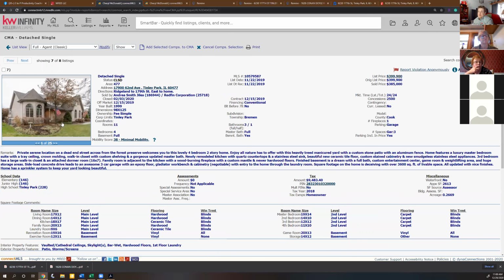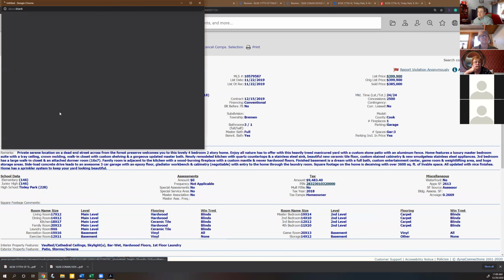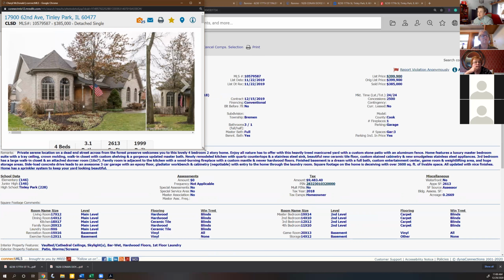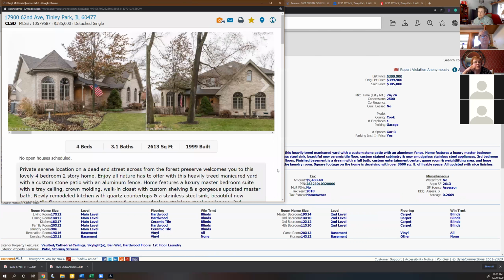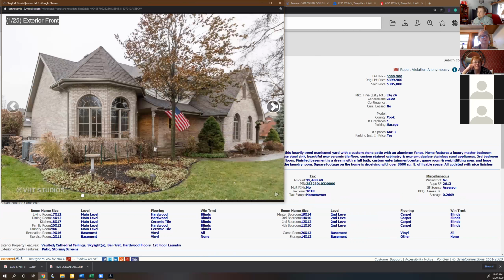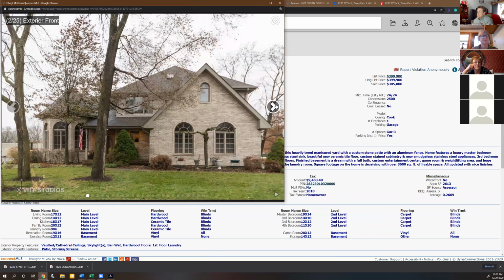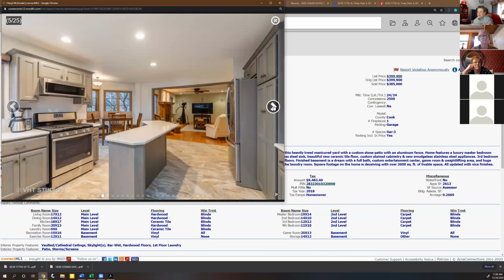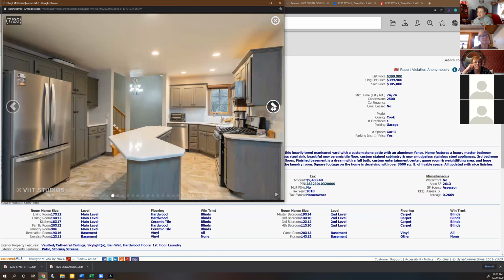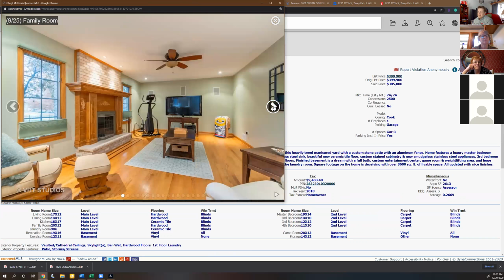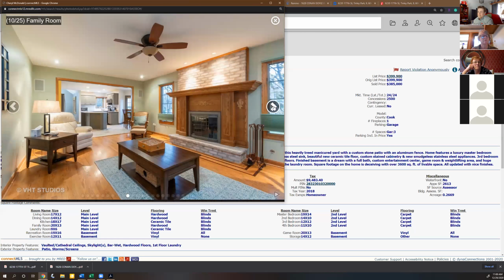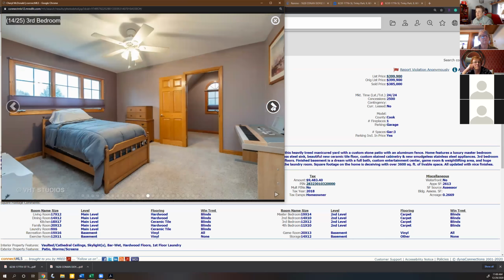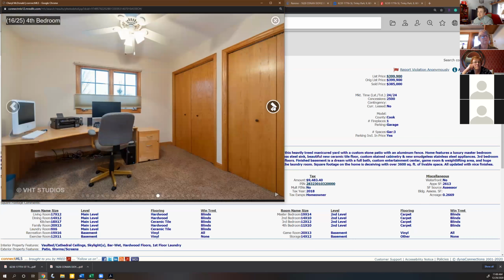So I've done a CMA. Then there's this house, right down the block from the one that we just saw. It's a gorgeous house. Sold for $385. My house is not worth $385. These are just gorgeous houses. Not to say that my house isn't gorgeous, but it's not like this.